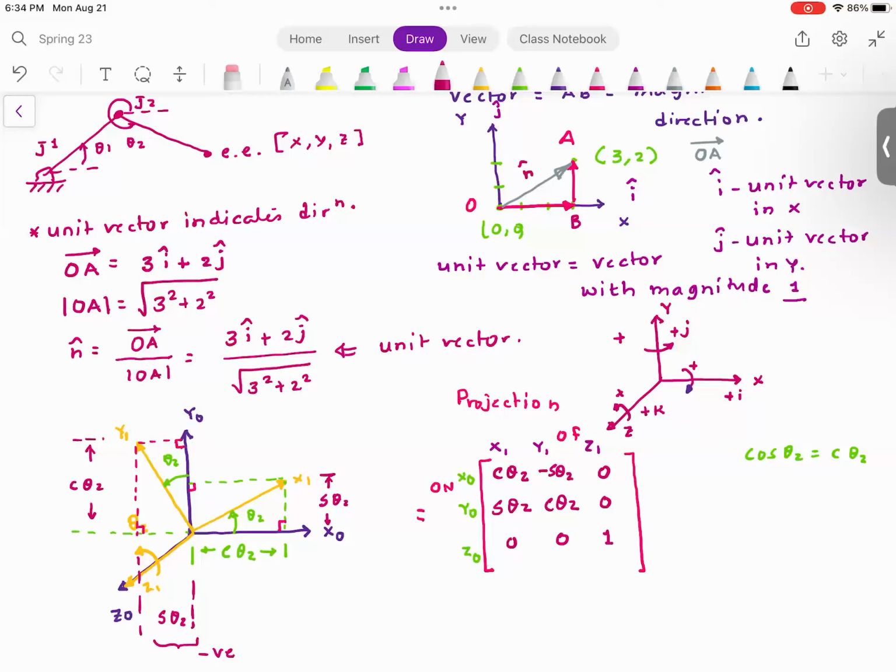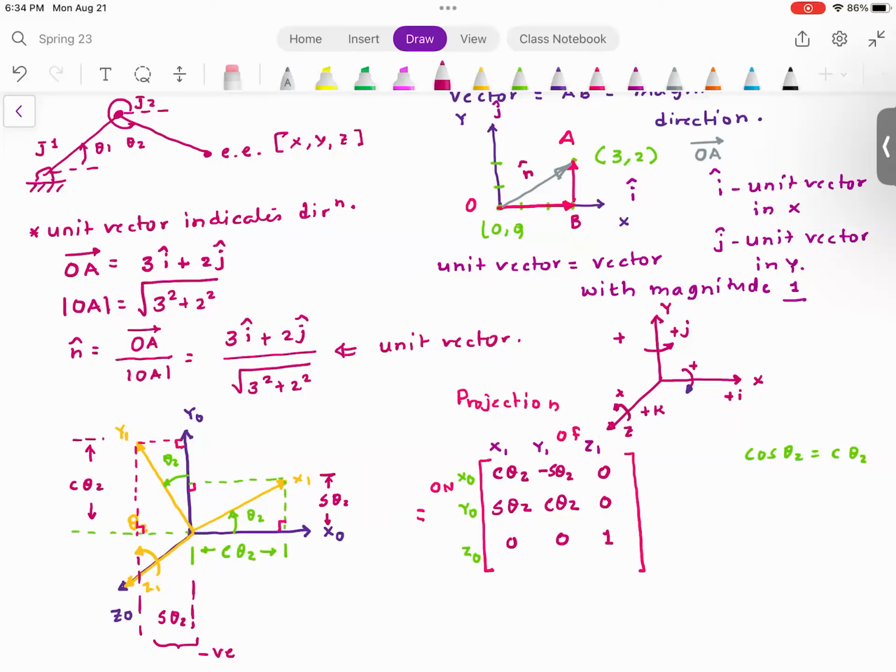Please understand, x1, y1, z1 is the new frame. x0, y0, z0 is the old frame. I want to find out the projection of new frame onto old frame. New to old, new to old.